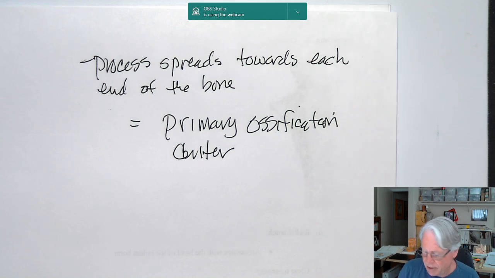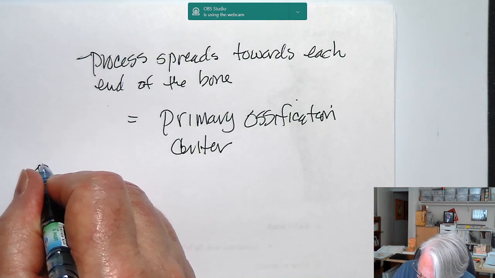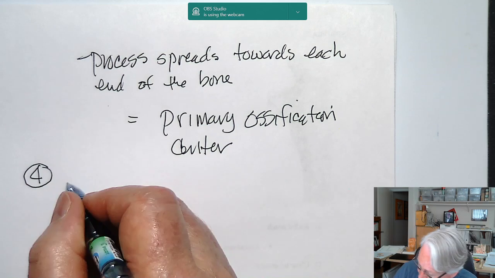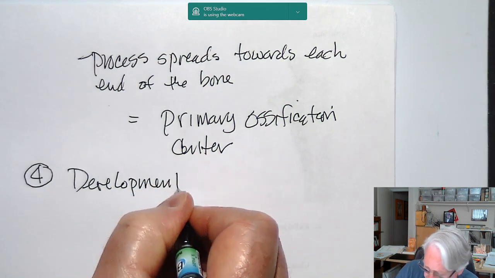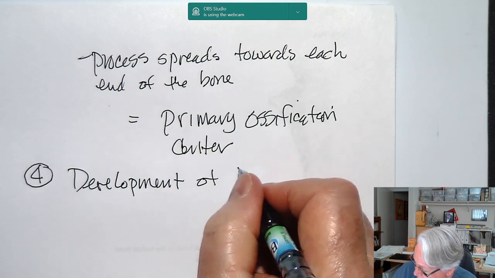All right, so the next step, number 4, is going to be the development of the medullary cavity.